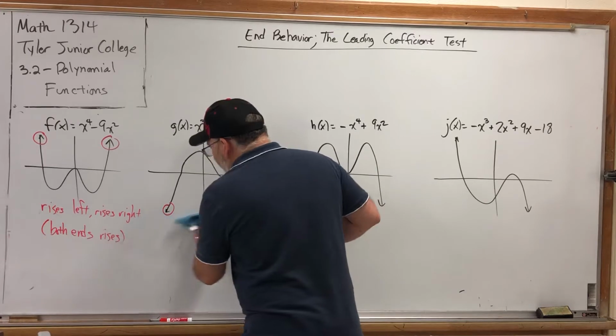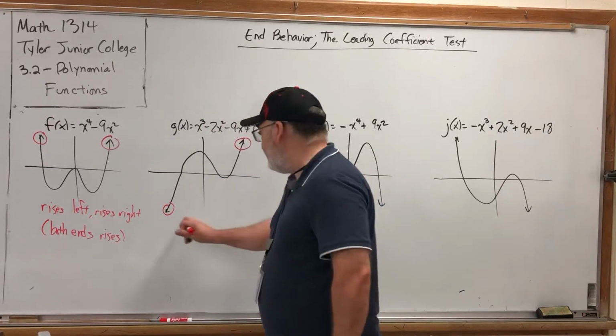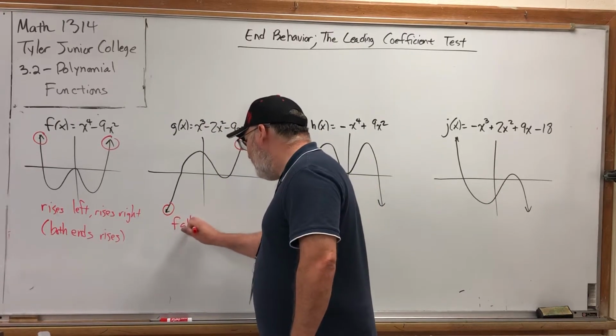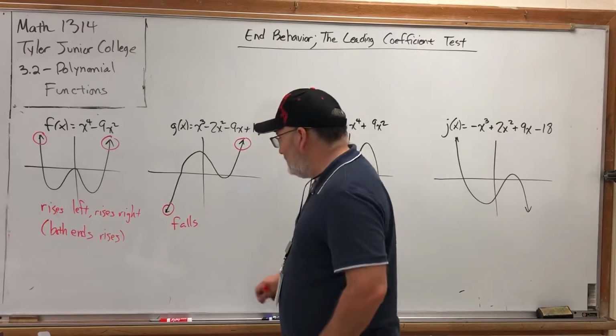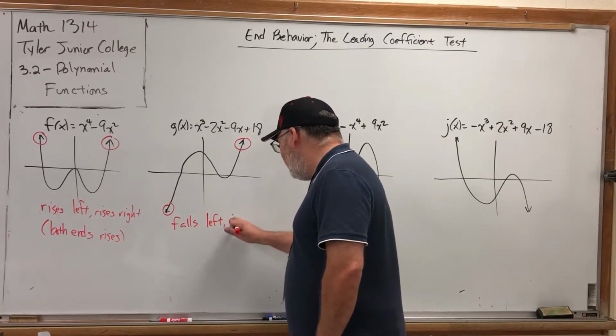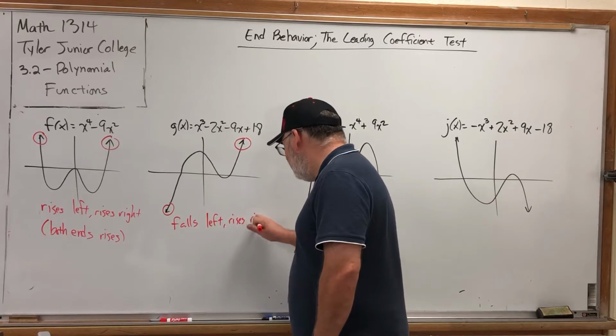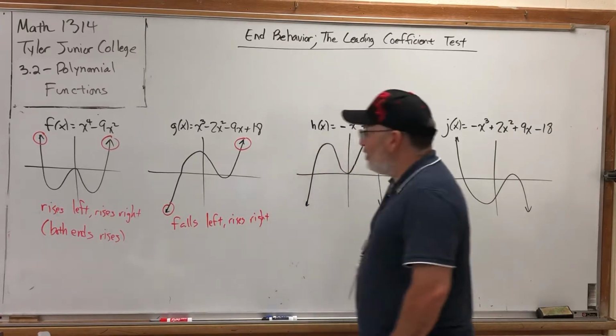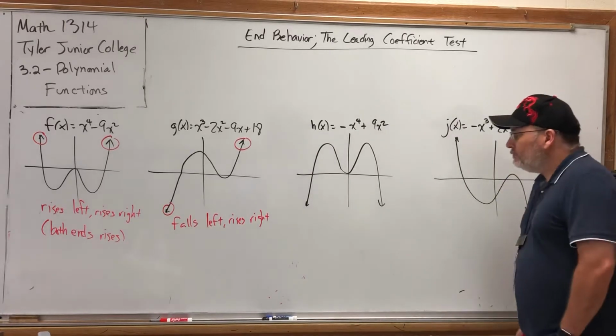I'm trying to be consistent with the particular textbook I'm using for reference. We could say it falls left and rises right. So that's how we could describe the end behavior of that graph.